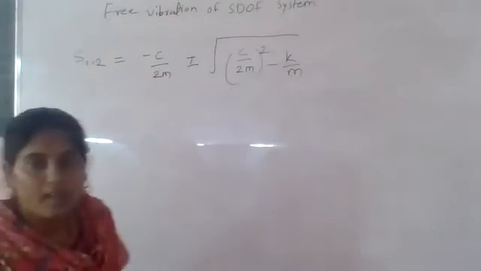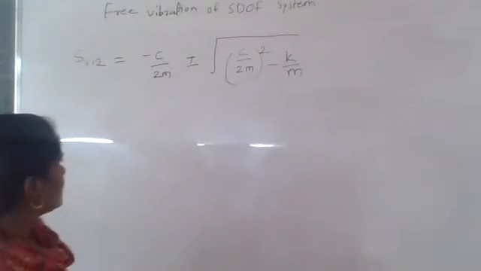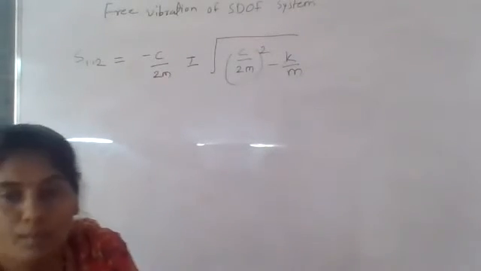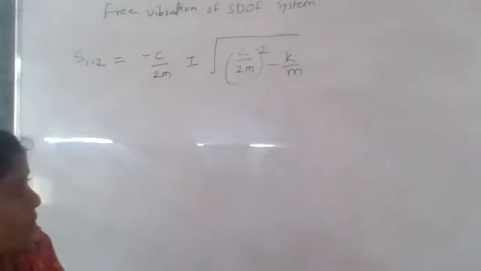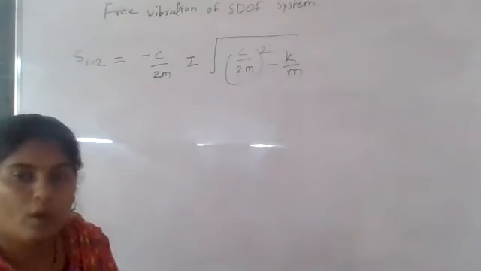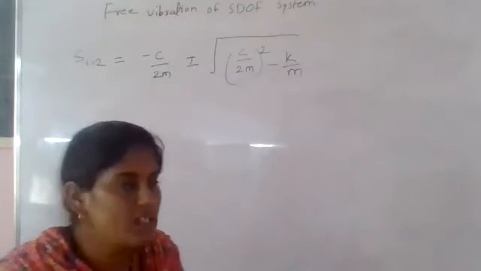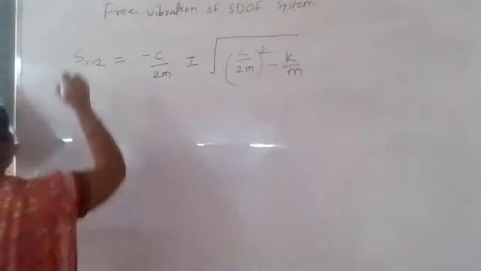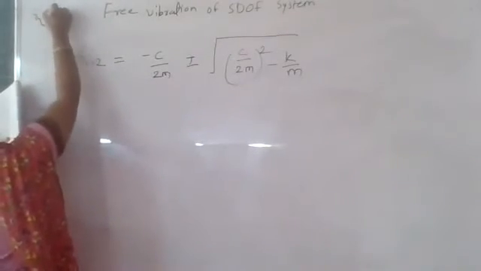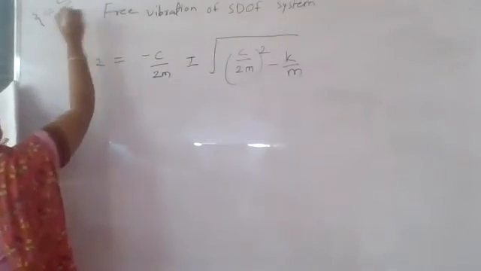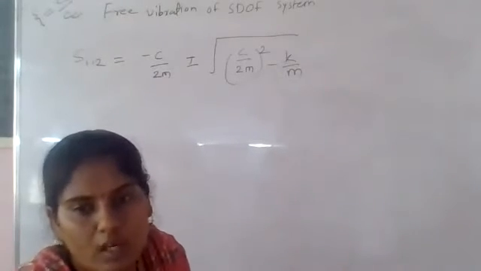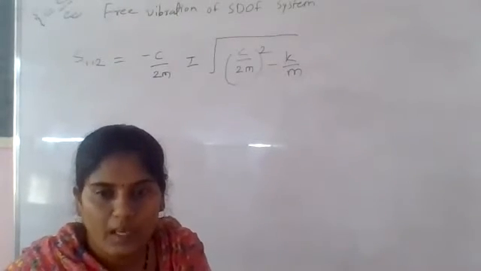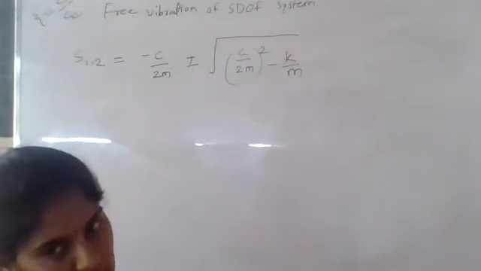Already we know S12 values, which are minus C by twice M plus or minus root of (C by twice M) bracket square minus K by M. We have to convert this in terms of zeta. Zeta is equal to C by Cc. How to convert it? By the multiplication of Cc and divided by Cc.